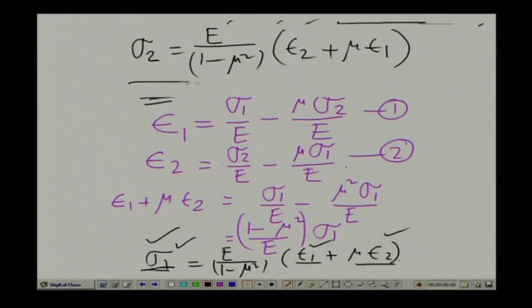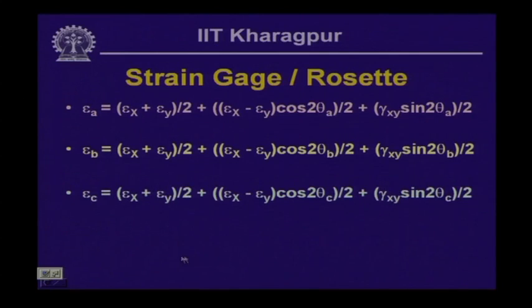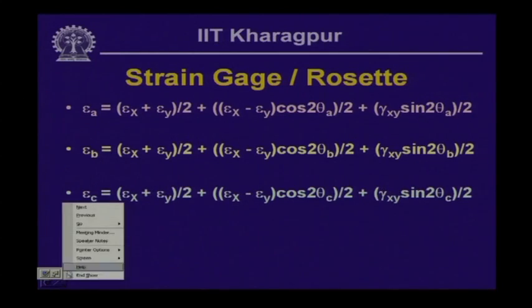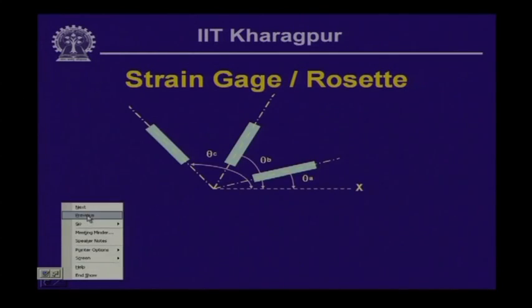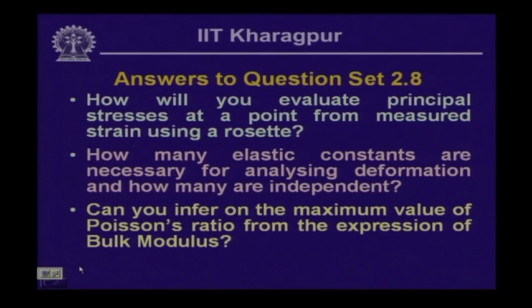So, these are the values of the principal stresses sigma 1 and sigma 2. This is how we evaluate principal stresses at a point from measured strain using a rosette.